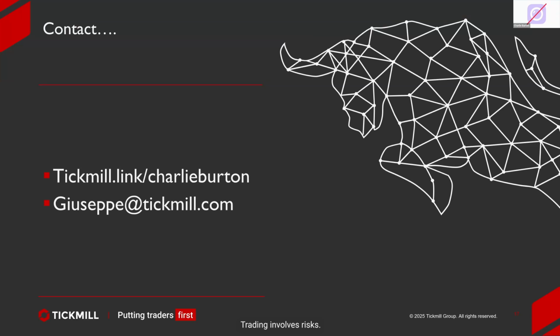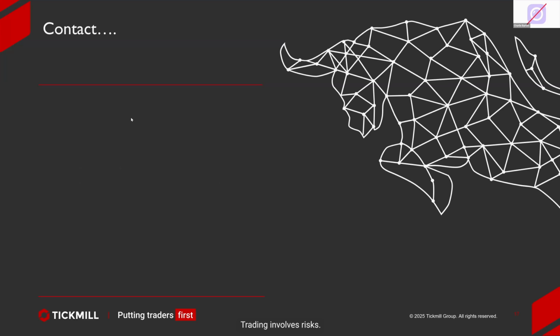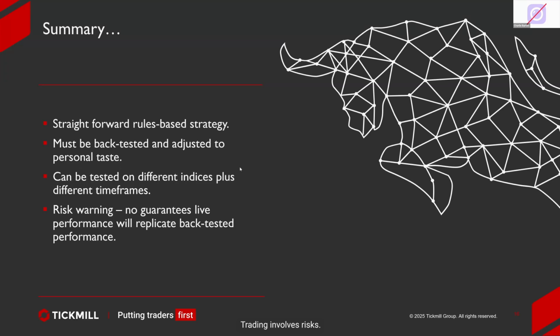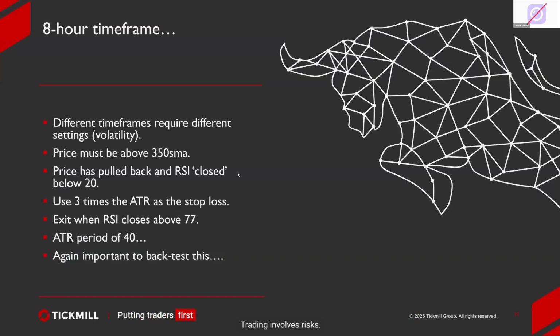Right, let's go back and see what questions we have got here. Chris, is the RSI length still 4 for the 8-hour chart? Yeah, good question, actually, Chris. It is, but I don't think that's... Do you know what?